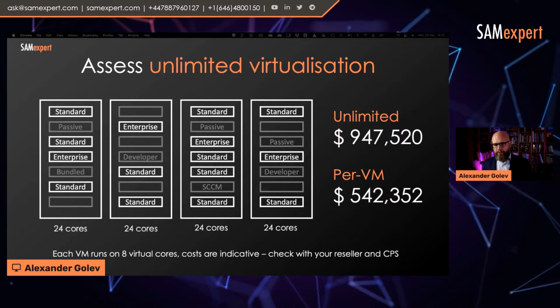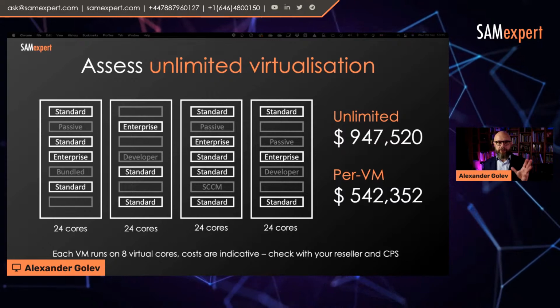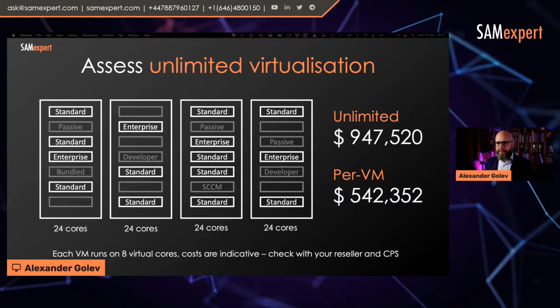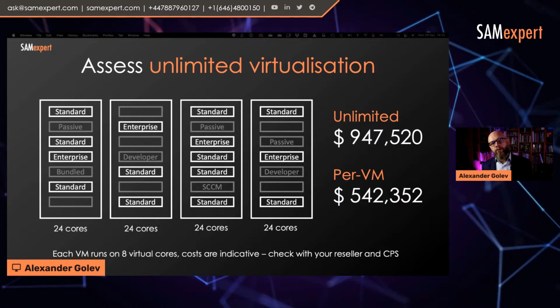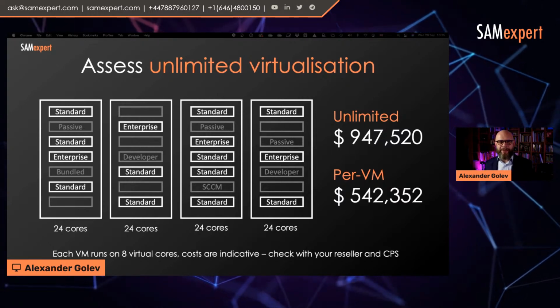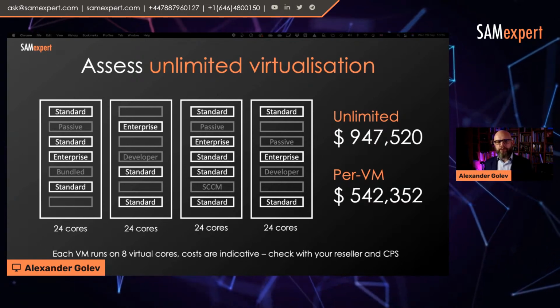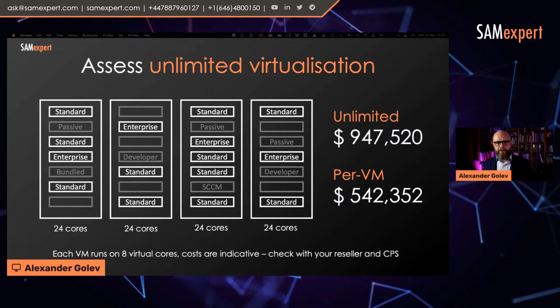Usually virtual machines run on about 4 virtual cores on average in our clients' estates, and in that case, per-VM licensing would have been 270K as opposed to almost 1 million. So if you're going after unlimited virtualization, make sure you sit down and do this calculation.